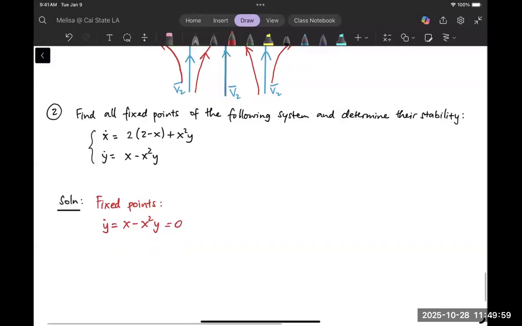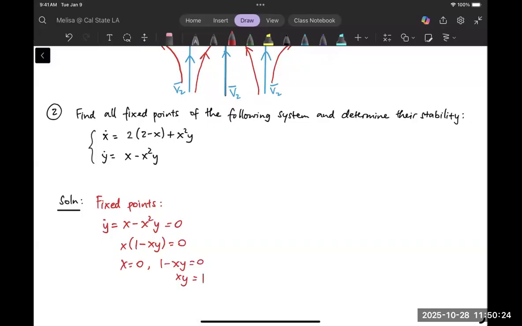Okay, so I can factor out the x. So you have 1 minus xy equals 0. So we get x equals 0 here, or 1 minus xy equals 0. So xy equals 1.